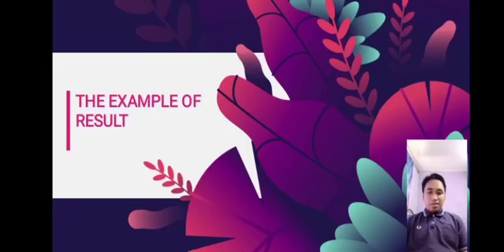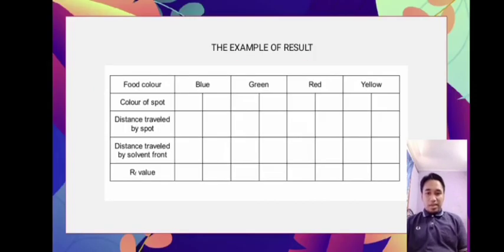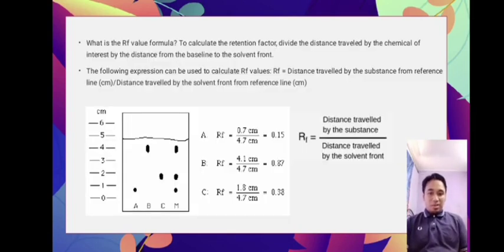For the example of result, make the table like this to fill in our result: food color of spot, distance traveled by spot, distance traveled by solvent front, and RF value. What is the RF value formula? To calculate the retention factor, divide the distance traveled by the chemical of interest by the distance from the baseline to the solvent front.